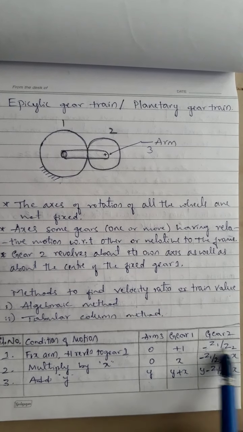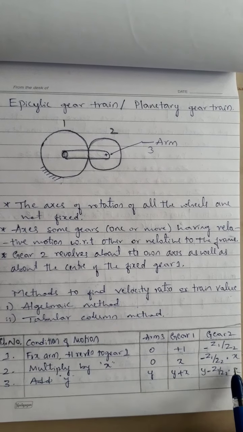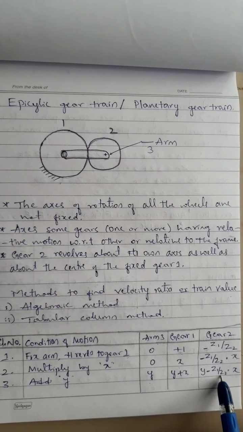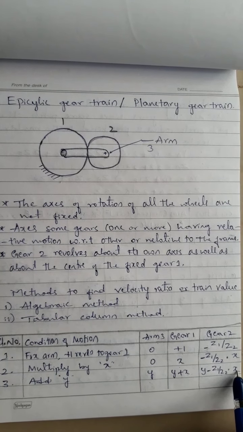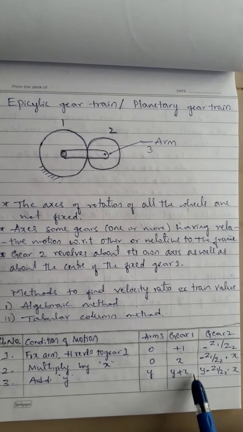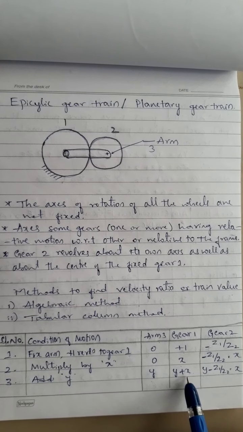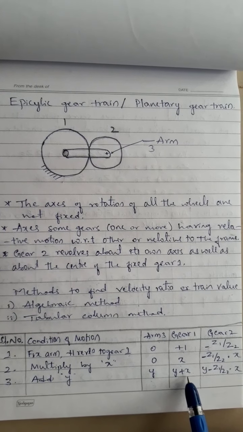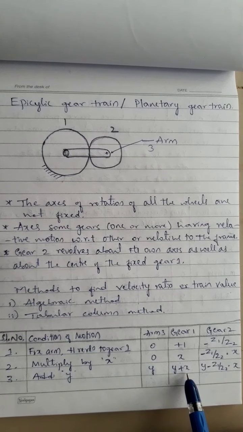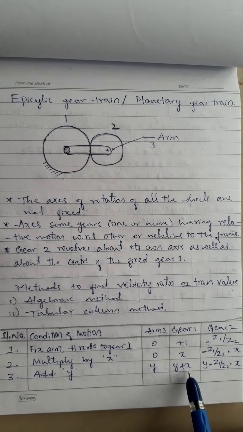Add y to this parameter, so I write plus y, and this as it is, minus Z1 by Z2 into x. With the help of these equations we can calculate parameters like the speed of the wheels, velocity ratio, or the train value of the epicyclic gear train.